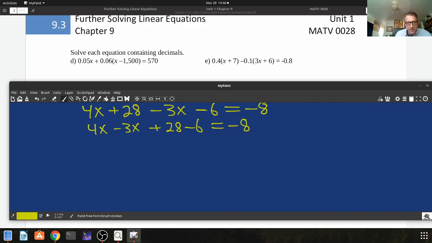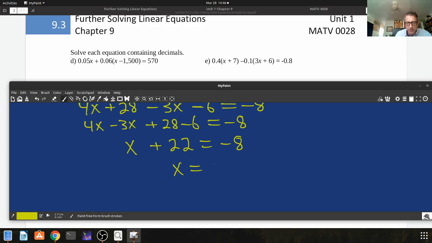So 4x minus 3x is x. 28 minus 6 is plus 22, and that's equal to minus 8. So x, moving the 22 across the equal sign, is minus 22 minus 8. So that gives me x is equal to minus 30.